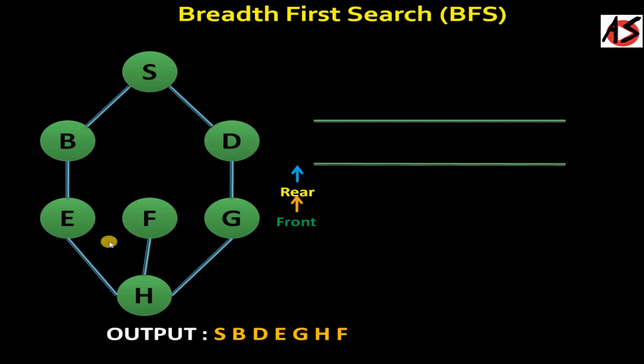You have explored H, which is in the third level, and at last you have explored F, which is on the fourth level. In this way you have explored the nodes level by level in breadth first search fashion. So this is all for BFS traversal.